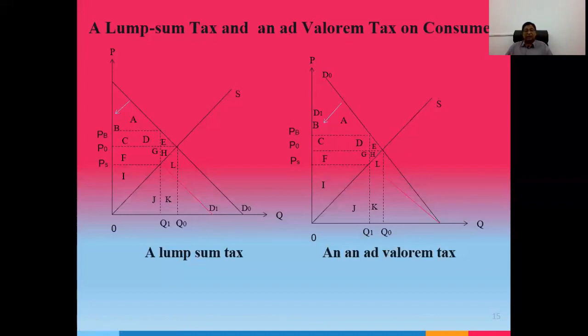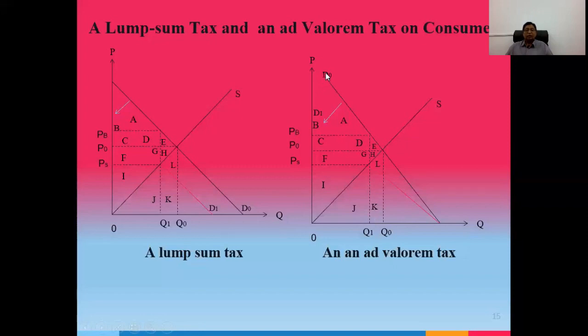Let us take initial demand curve D0 and initial supply curve S. Initial equilibrium occurs at the intersection point of D0 and S with equilibrium price P0, equilibrium quantity Q0.